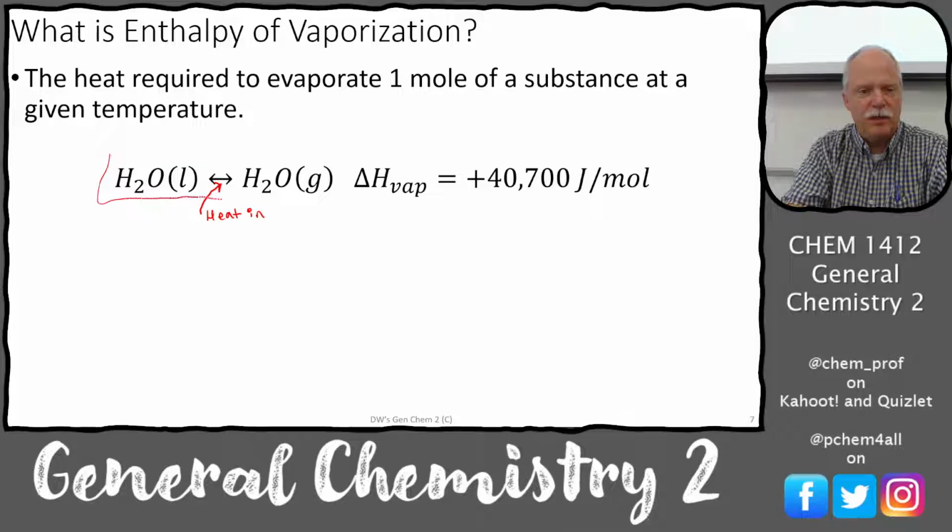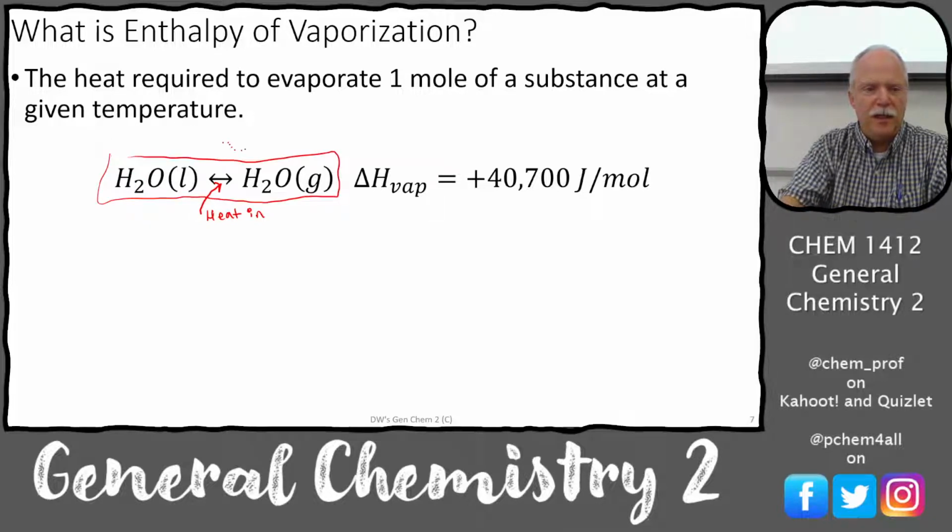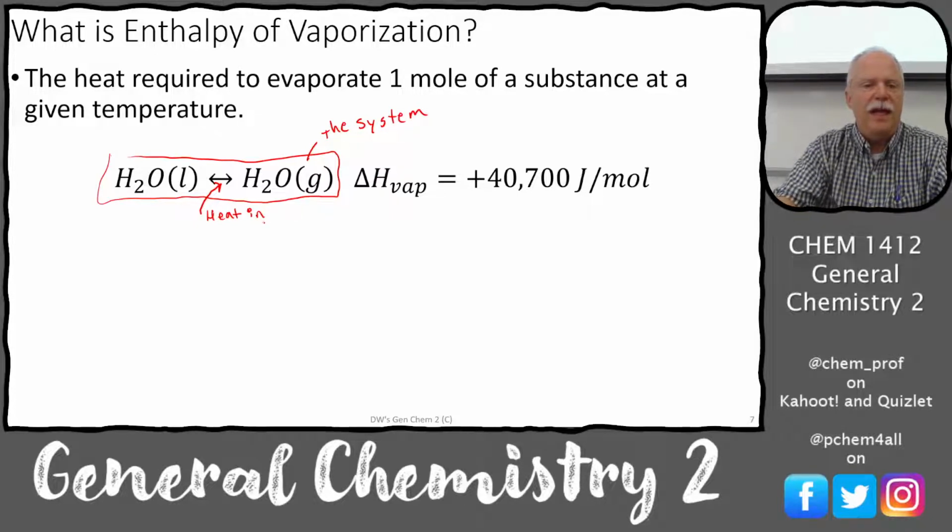And I'm just going to give you a tiny little bit of thermodynamics here. This reaction is called the system. And the heat went in, so it's a positive number. Okay, the system.